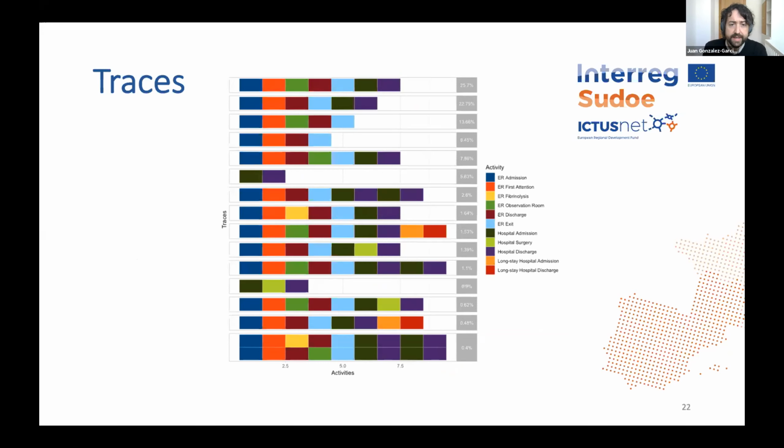What we have here is, instead of the overall activities without referring to specific episodes, because the process map refers to the whole set of episodes, the specific sequences of activities observed in the different episodes, categorized per episode.